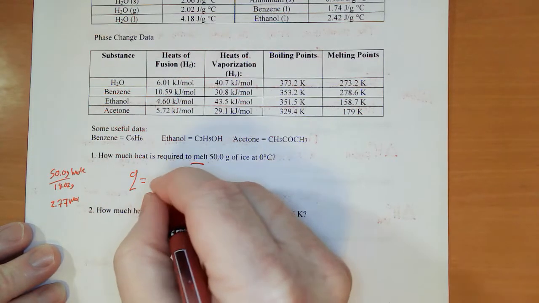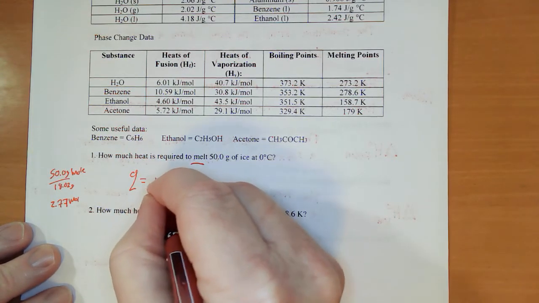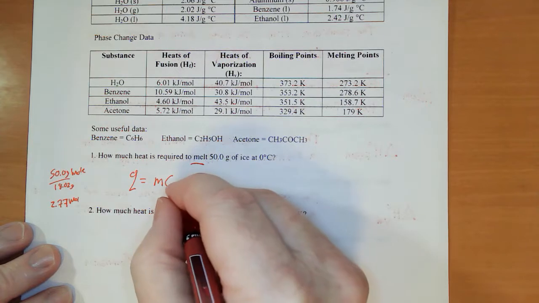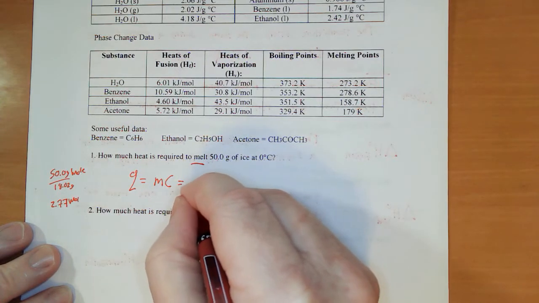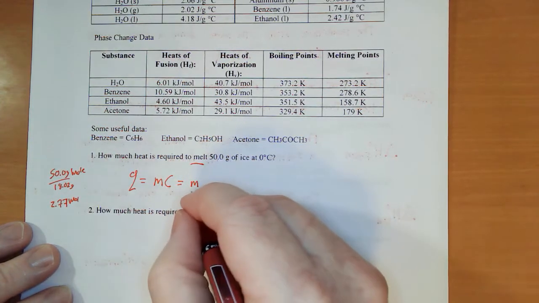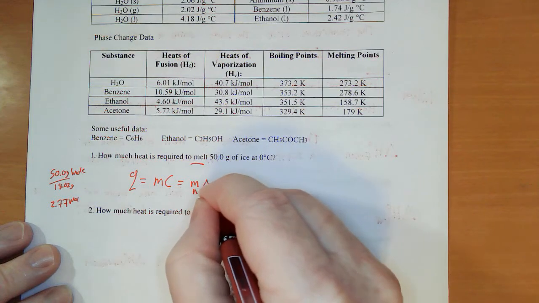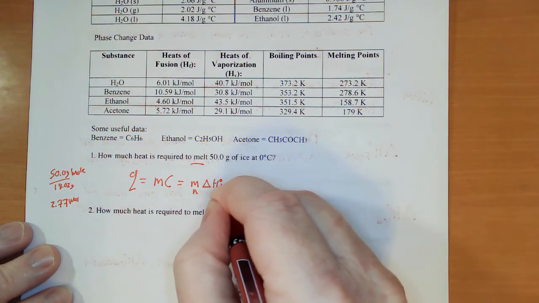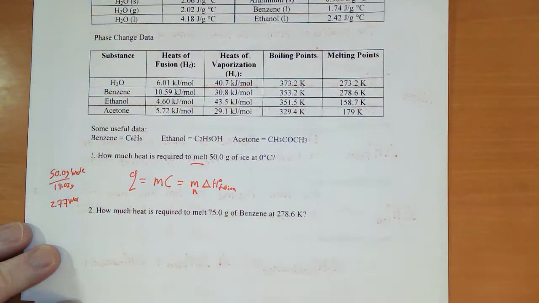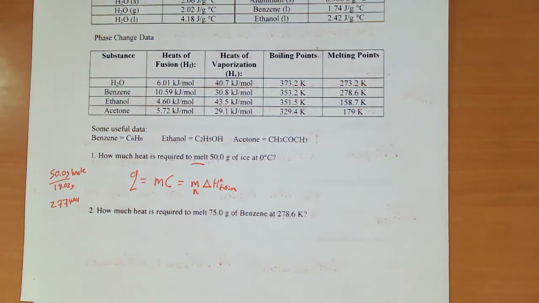Q equals m times delta H naught fusion, or n could even be used. You can say it pretty much either way.